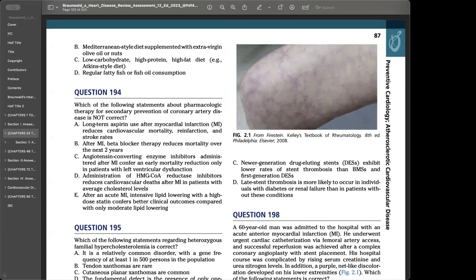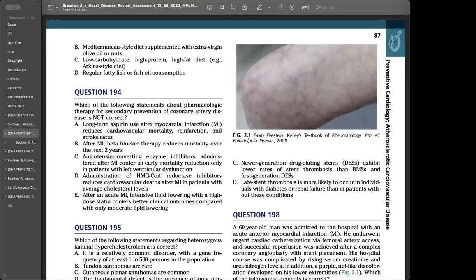Then option D, administration of statins reduces cardiovascular deaths after myocardial infarction in patients with average cholesterol levels. In some studies done, they compared the effect of statins for secondary prevention in patients who had MI and then had both elevated cholesterol levels and also average cholesterol levels.